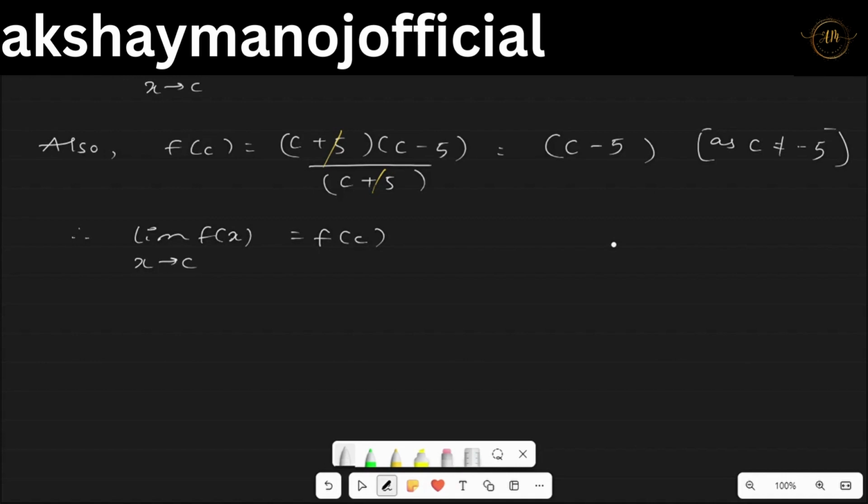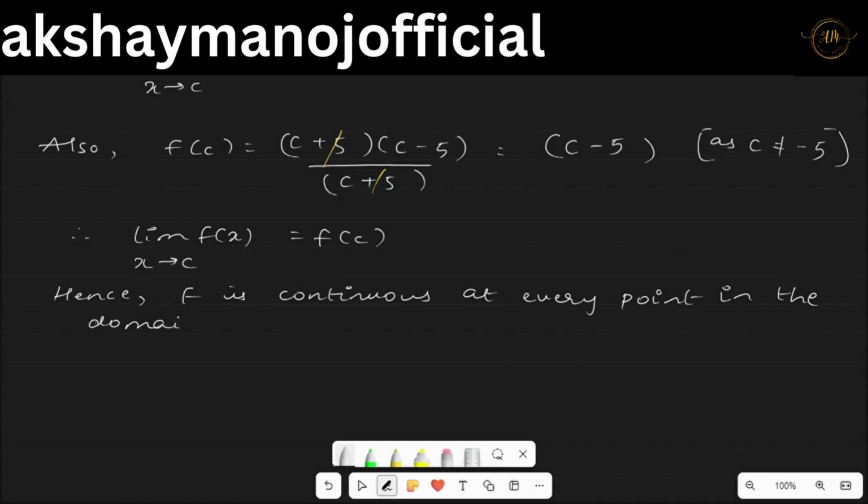So hence f is continuous at every point in the domain of f, and therefore it is a continuous function.